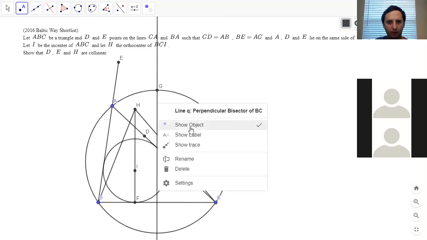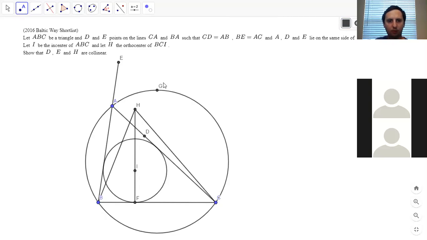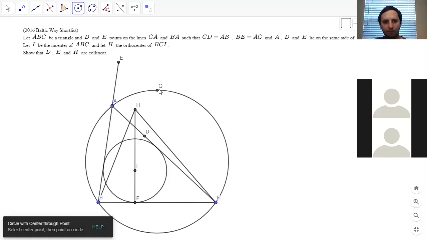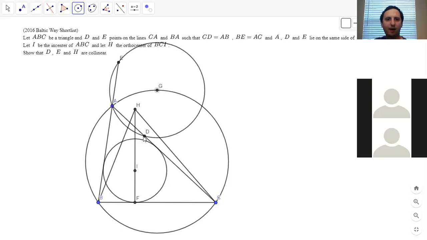So is GA equal to GB? So we know GC equals GB, and we know CD equals AB. And yeah, so triangle GDC and GAB I think are congruent. And it looks like it also passed through E. So yeah, that gives us a lot of information.